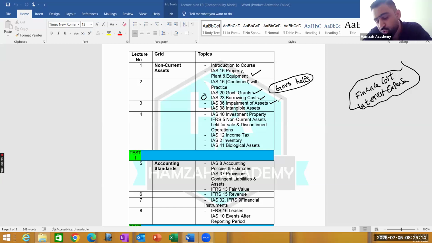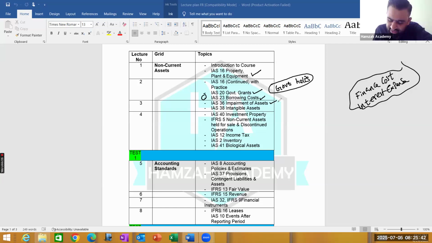So you have to record an impairment loss. Now, when that impairment loss will be determined, how it will be determined, and how it will be recognized in a financial statement, that area we will cover in IAS 36, impairment of assets.